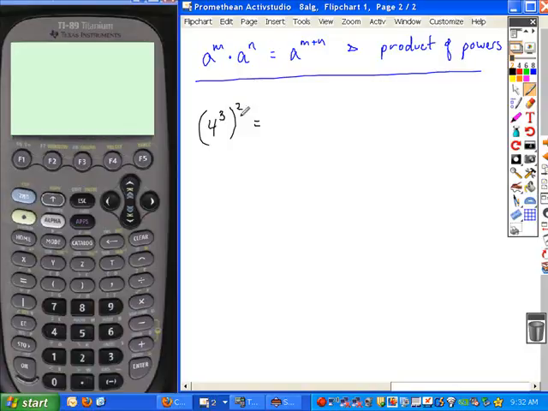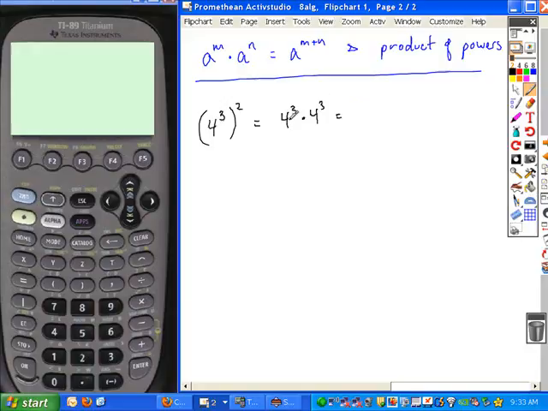Following just the definition of an exponent, a power does what to the base? A power represents repeated multiplication of the base. So if we take this base of 4 cubed to the power of 2, we're going to multiply 4 cubed by itself how many times? Twice. So we get 4 cubed times 4 cubed.